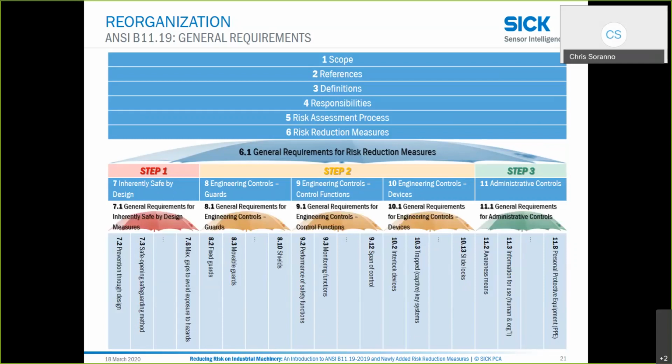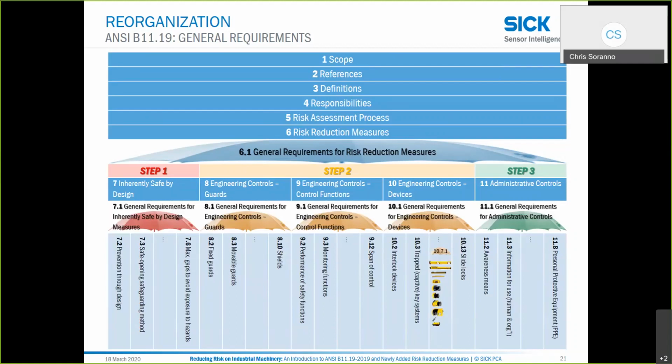And then as we go further, with an example of looking at area scanners, for instance, there's going to be a clause 10.7.5, I believe, for area scanners. But at the beginning of 10.7, which is presence sensing devices, is another subclause with general requirements. So for instance, if I want to understand how to apply an area scanner, I should not jump only to the subclause on area scanners. I need to go up to the general requirements for presence sensing devices.